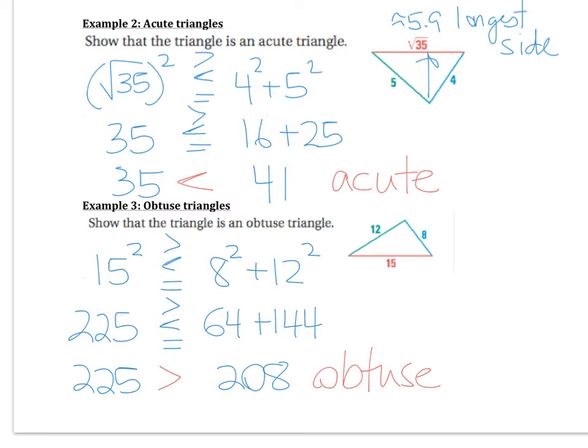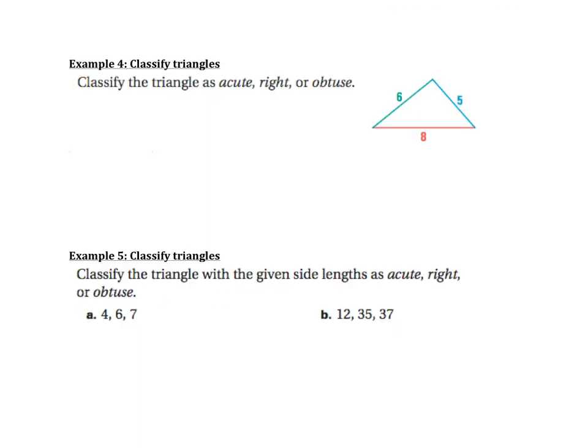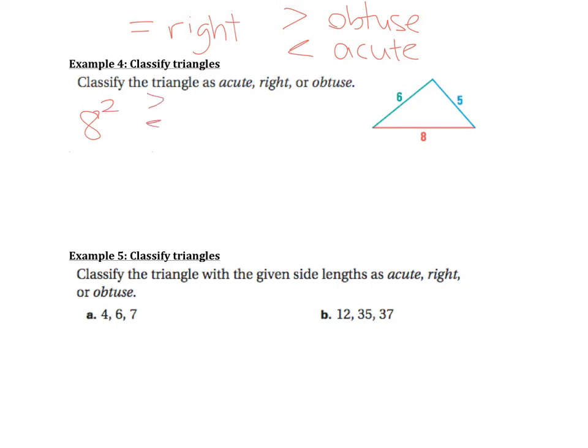So, like I said, we're going to have to practice not knowing, so we're going to classify it as acute, right, or obtuse. Remember that greater than is obtuse, less than is acute, equals is right, and the longest side has to go first. So 8 squared, is it greater than, less than, or equal to 5 squared plus 6 squared?